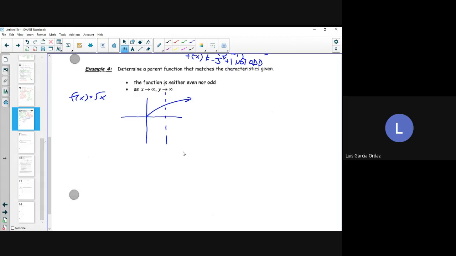So what was an example of an odd function? 1 over x was odd, right?